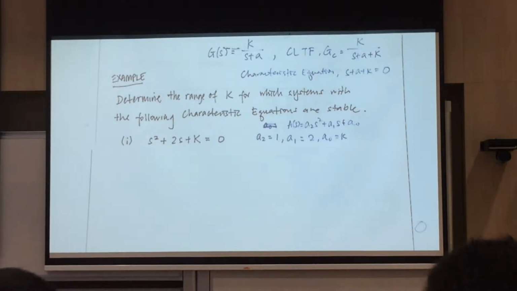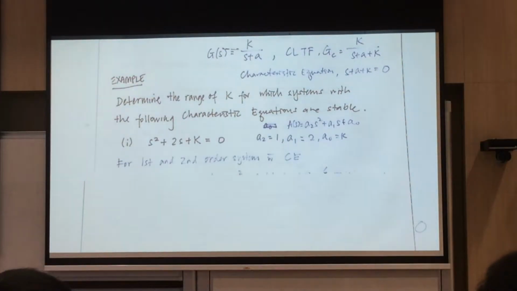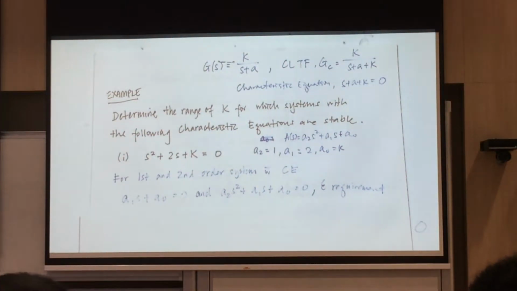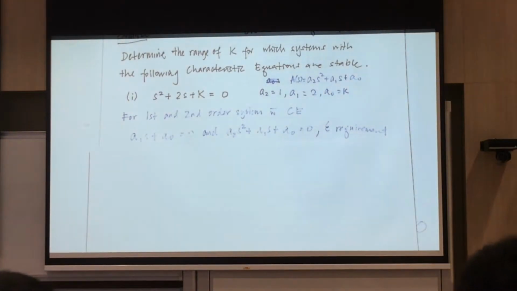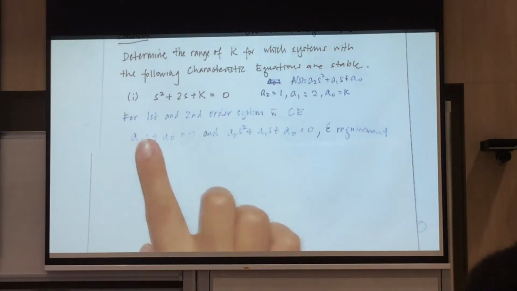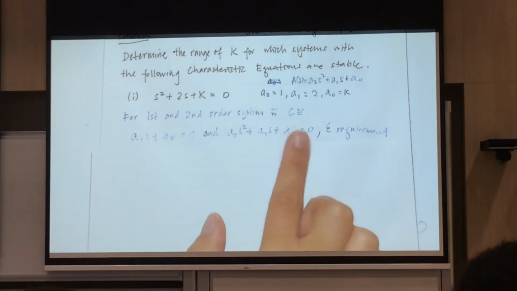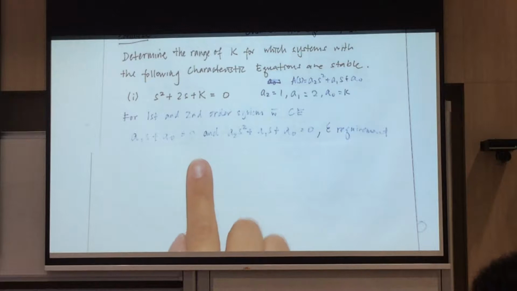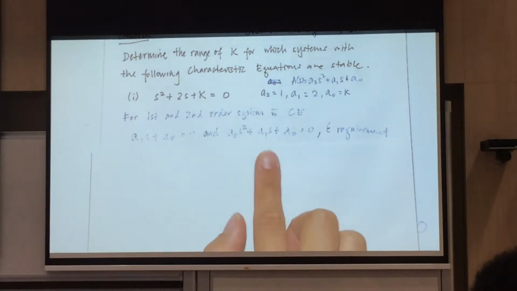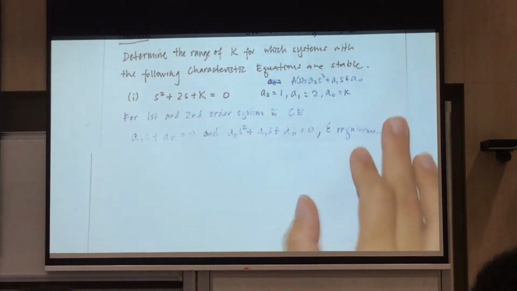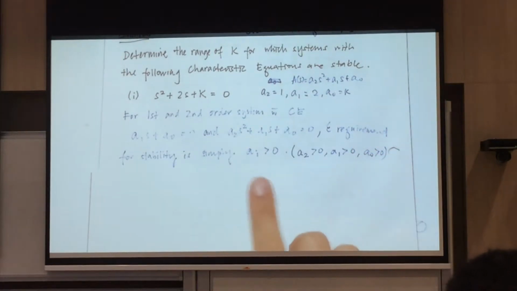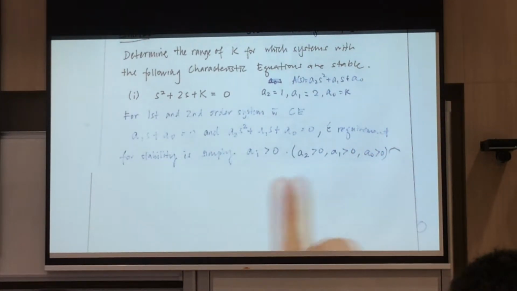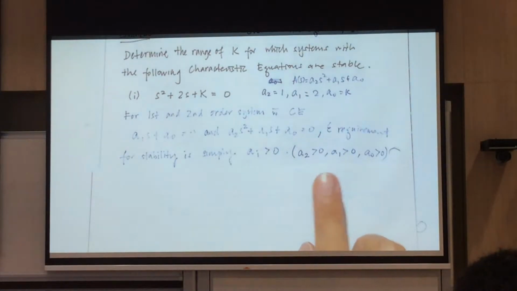For first and second order systems with characteristic equation a1 s plus a0 equals 0 and a2 s squared plus a1 s plus a0 equals 0, the requirement for closed loop stability is simply that ai is bigger than 0, meaning a0 bigger than 0, a1 bigger than 0, a2 bigger than 0.